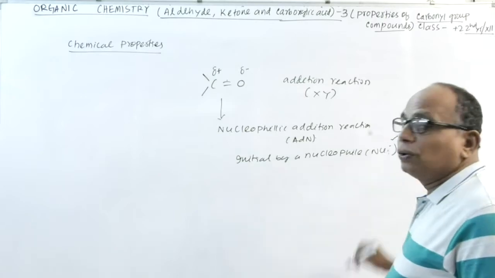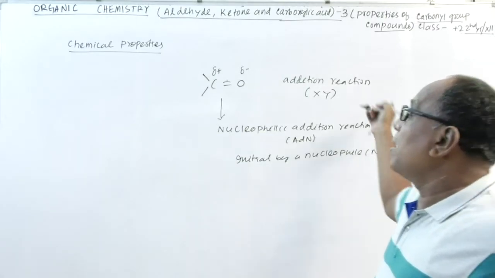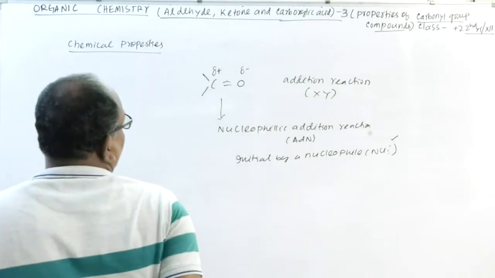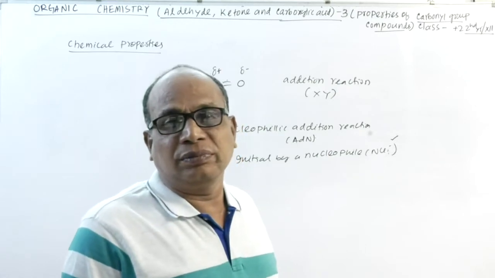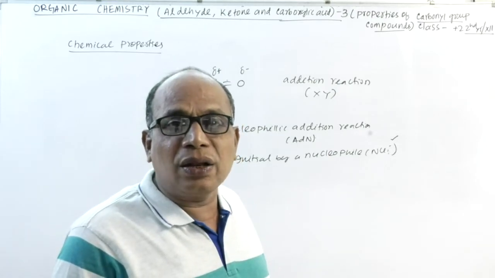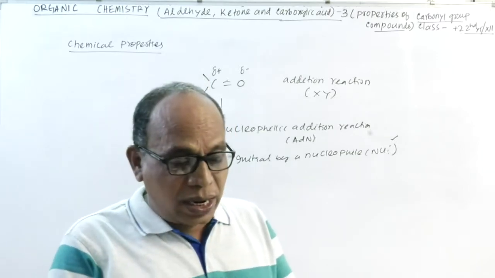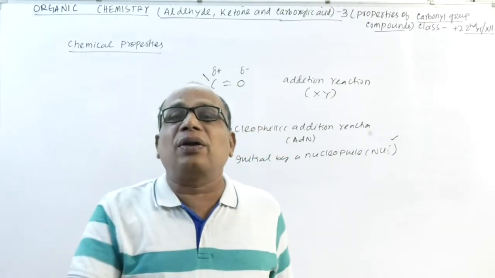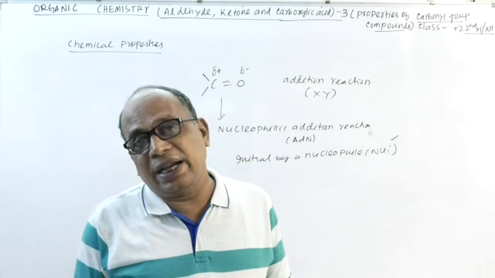The negative charge. And the negatively charged nucleophile will attack the positively charged carbon atom of the carbonyl group to form a reaction intermediate in which the oxygen atom possesses the negative charge.